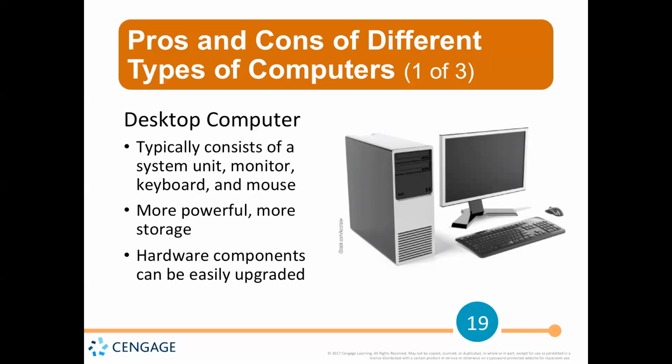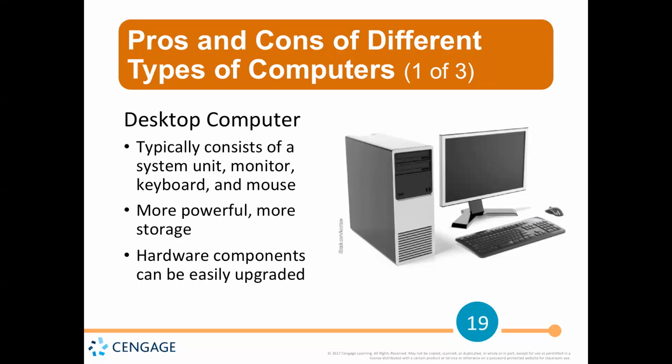It typically has a monitor and a system unit, usually called a stack or a tower of some sort, a keyboard and a mouse. Usually tends to be cheaper and a little bit more powerful because they have more space. They're not worrying about making something small, so they can put a little bit more oomph inside of that for your dollar.